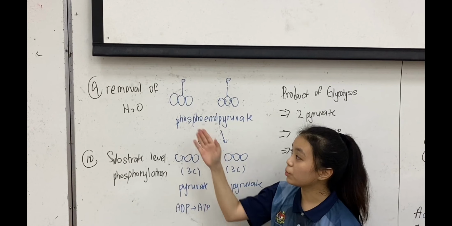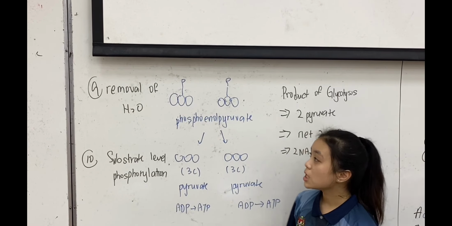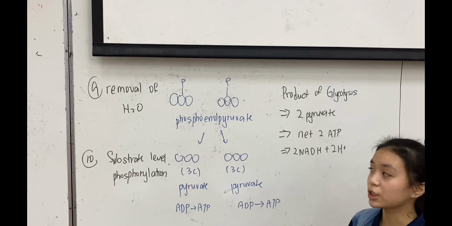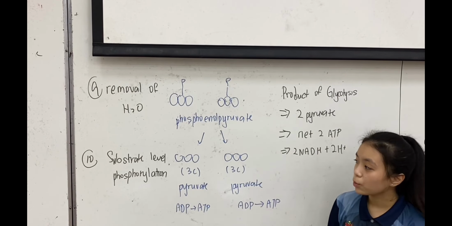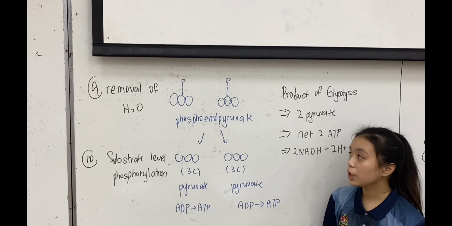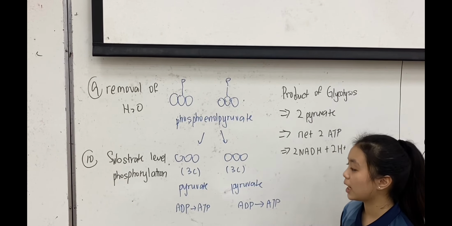Step 9 is the removal of a water molecule, and we gain phosphoenolpyruvate. For the last step, substrate-level phosphorylation, it releases 1 phosphate and becomes pyruvate.